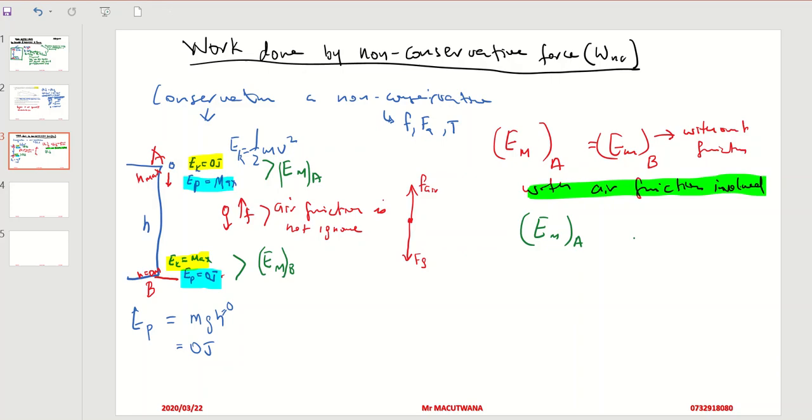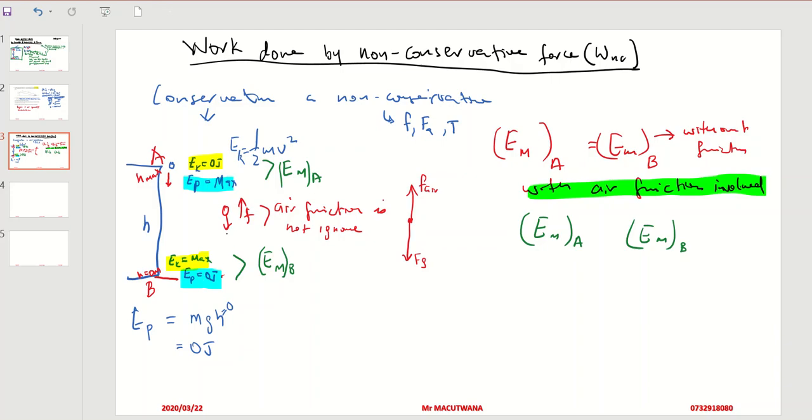Now we can just write EM at point B. They will no longer be equal for sure, because air resistance decreases this energy. So if you had started with your maximum potential energy, not all the potential energy here will be converted to kinetic energy.